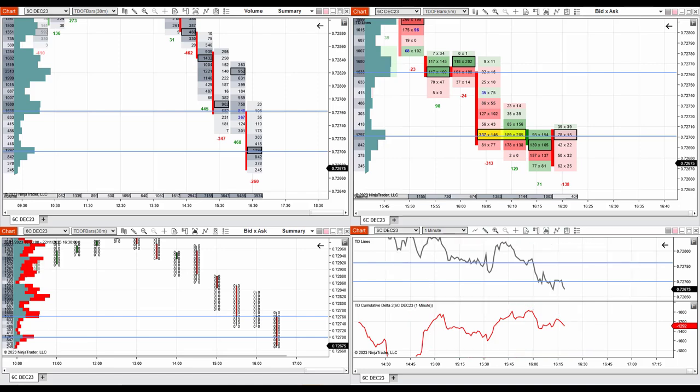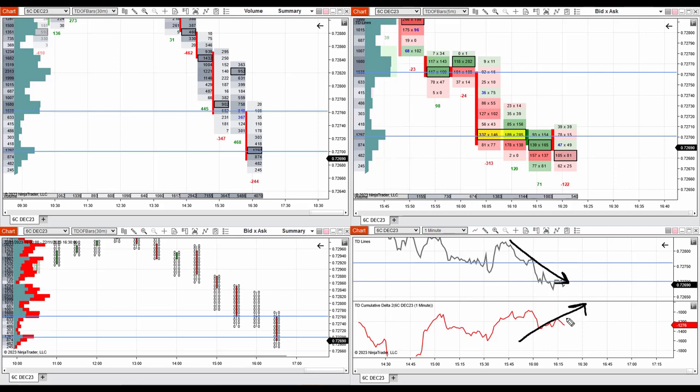So ideally there's this downtrend on the 1 minute price chart, but what I like to see is this on the cumulative delta, divergence.